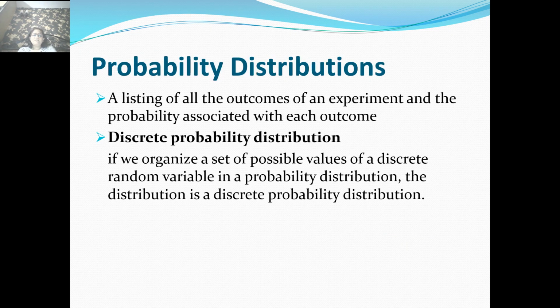Okay, so what is a probability distribution? As you know, whenever we have a random variable, before we explore the idea of probability distribution, we should differentiate between a variable and a random variable. A variable is something that changes. For example, the day of the week changes.